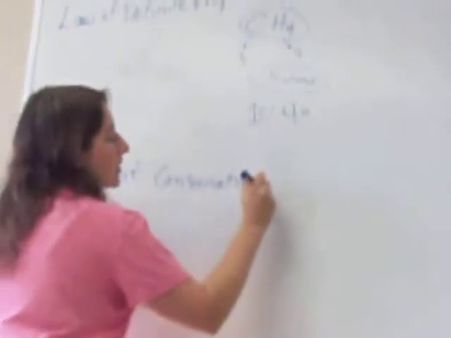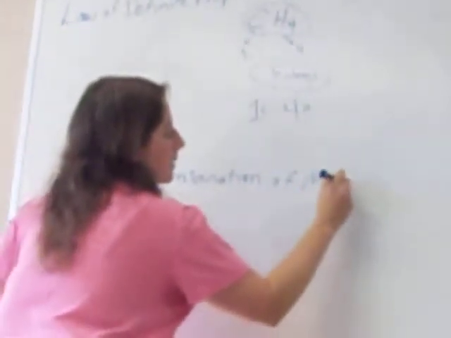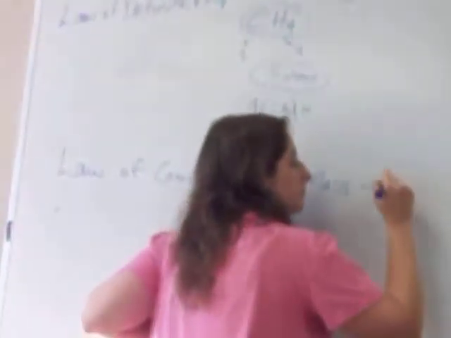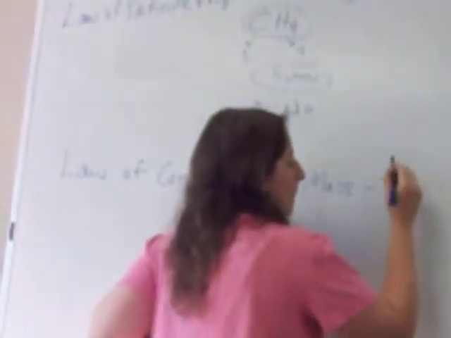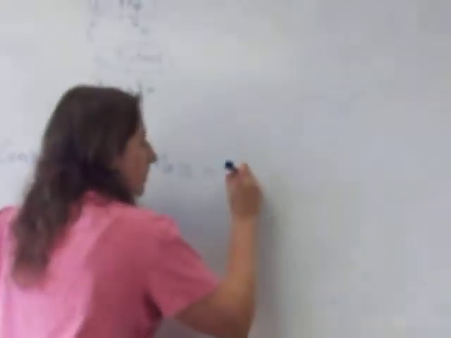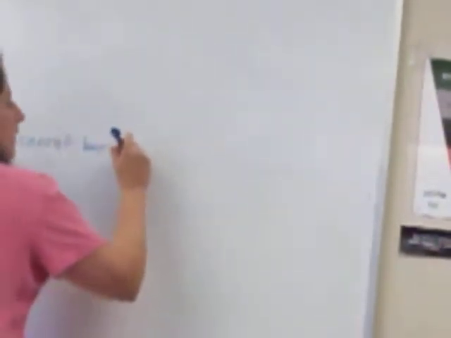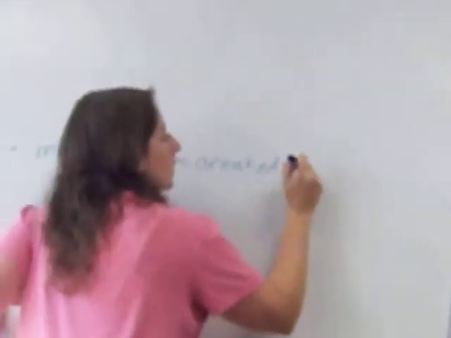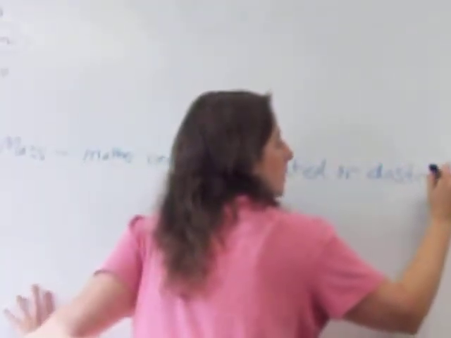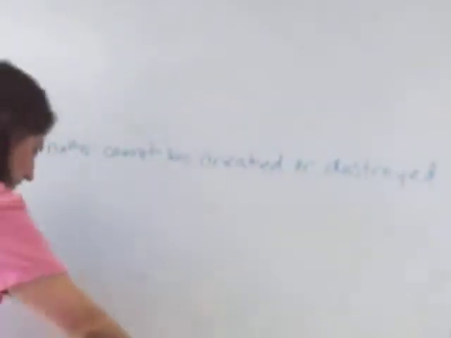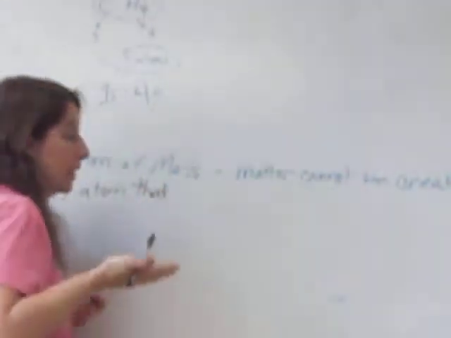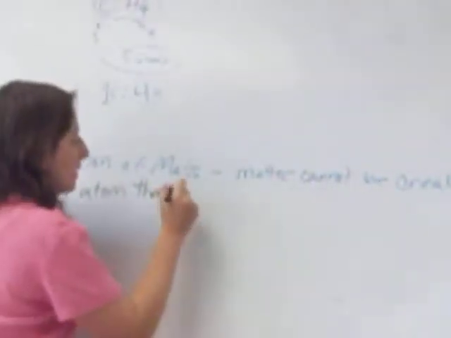The law of conservation of matter: matter cannot be created or destroyed. Alright, so the key point for the law of conservation of mass here is every atom that, and this is a key point for the lab, key point for the test, this is the big guy today.